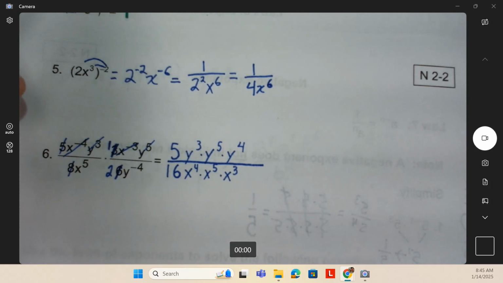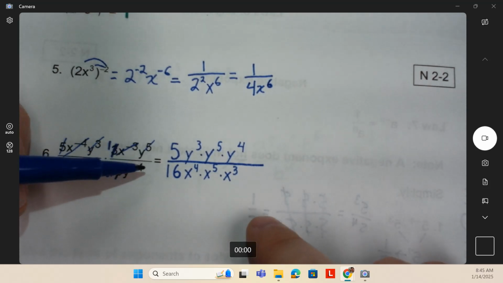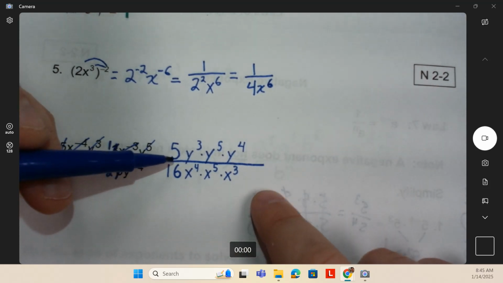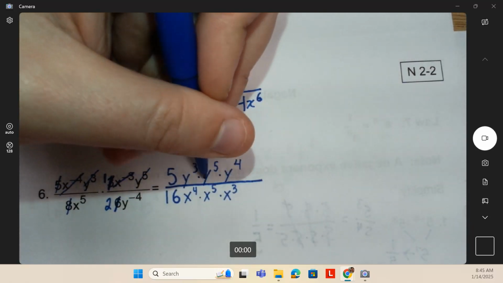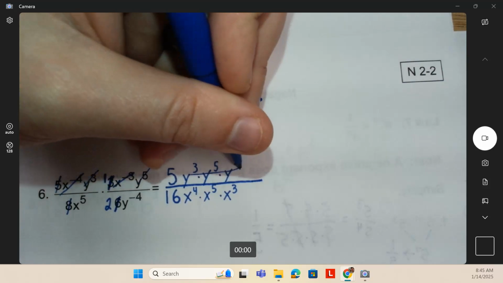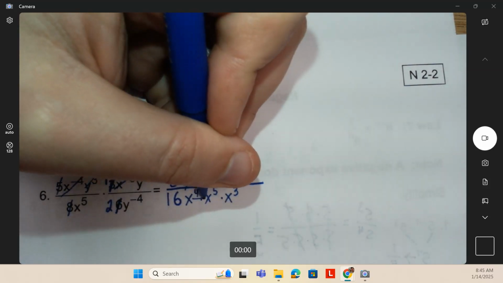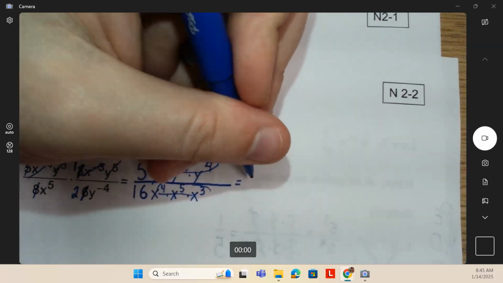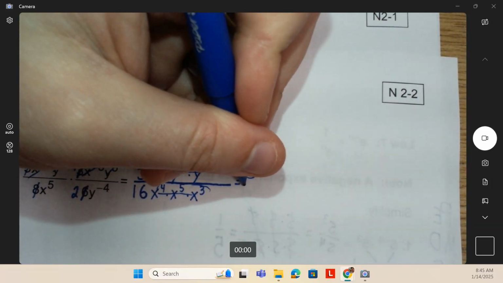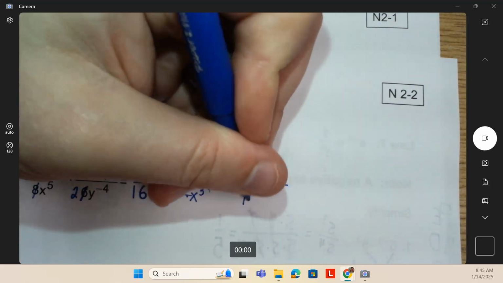But we would normally do some canceling out if we can. On this one, it looks like all I can do is, since these are all multiplied together, add up my exponents here to get what those are equal to. So 5 over 16 does not simplify.